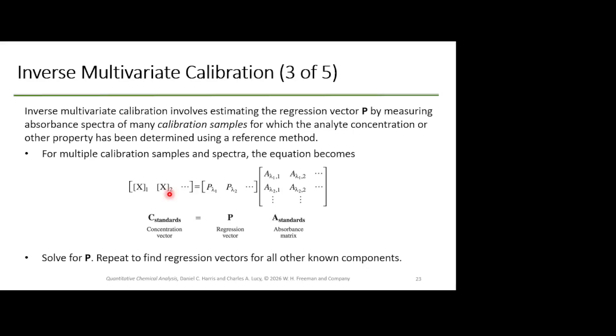So you're probably going to get a range of these. Hopefully, they're fairly close together. So if we solve for P here, we're going to repeat to find regression vectors for all other known compounds. And we can just do this for all of the unknowns.